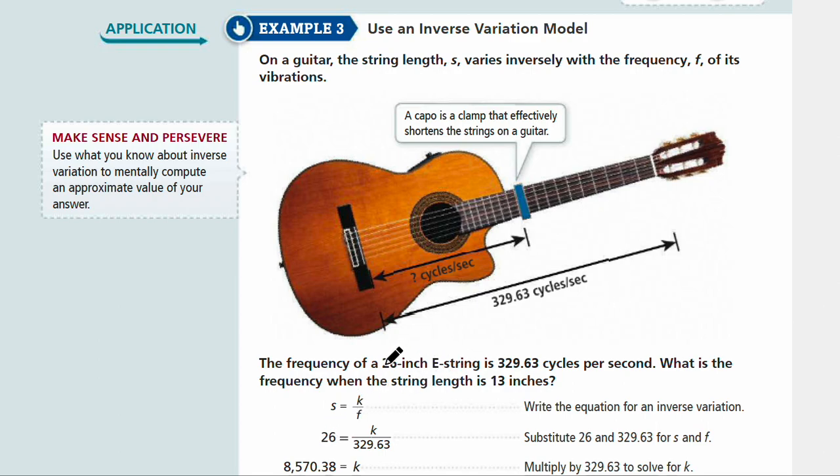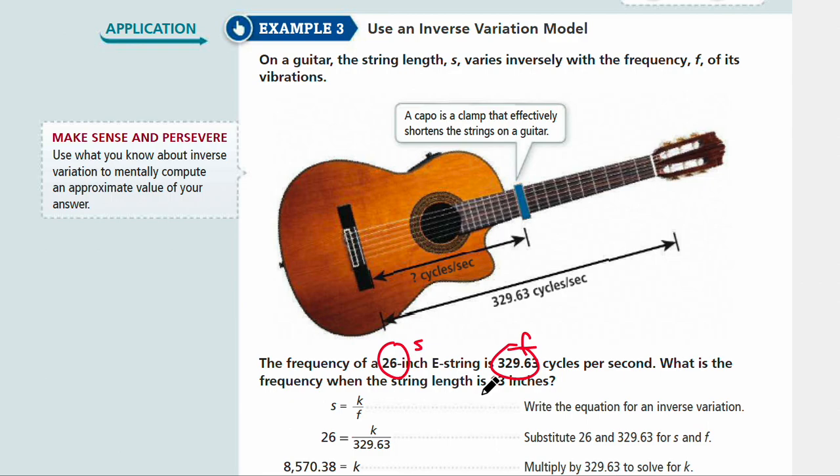So you can plug in 26 into s. This is the string length when the frequency is this. So when s is 26, f is 329.63, so you can plug in at the same time to figure out k.